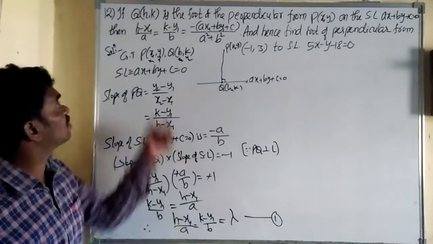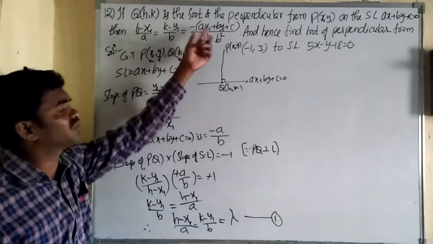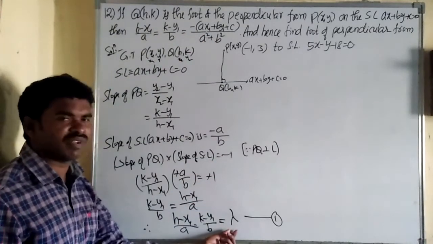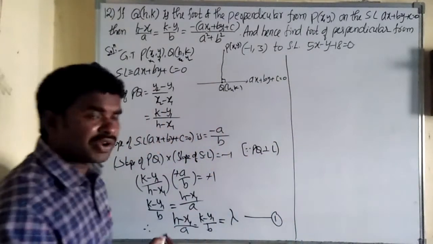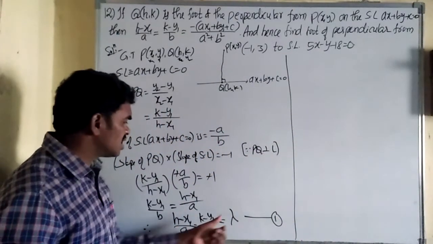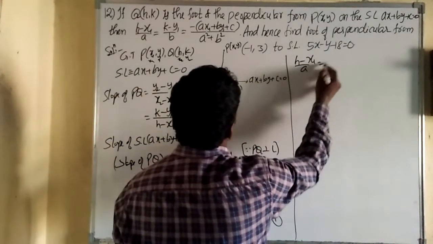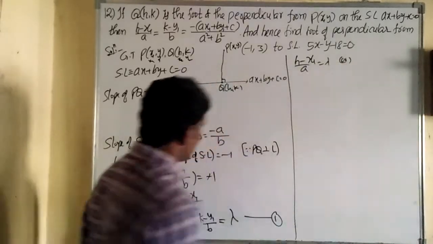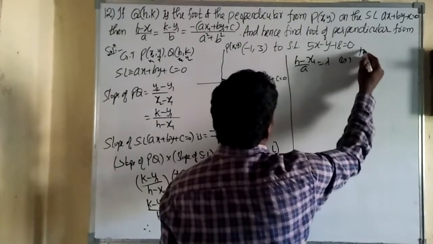See, h minus x1 by a is equal to k minus y1 by b, which is equal to lambda. Now I am continuing. Equating the first and last, h minus x1 by a equals lambda, and equating the second and third, k minus y1 by b equals lambda. Am I right? Yes.